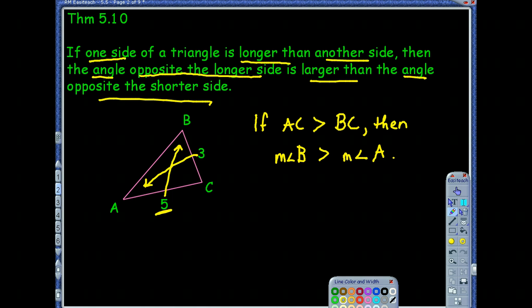Now, that doesn't communicate what the actual measures are. We just know angle B's measure is going to be larger than angle A, or angle A's measure is going to be less than angle B. It's just the relationship.